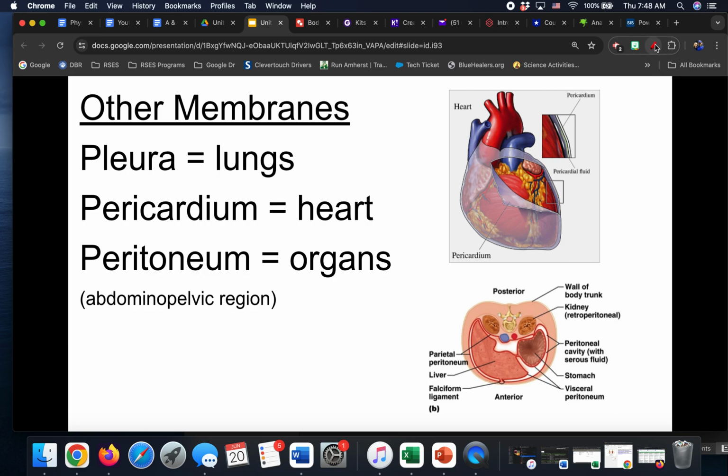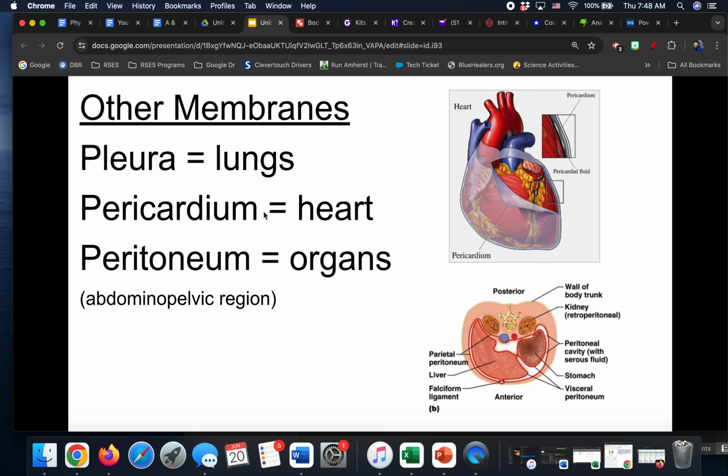And here are some other membranes, just to give you a preview of these coming. Pleural is lungs. So if we go back, peritoneum is regular, any organ that's not specific, like pleural being the lungs, pericardium.